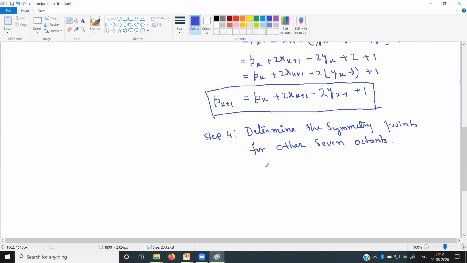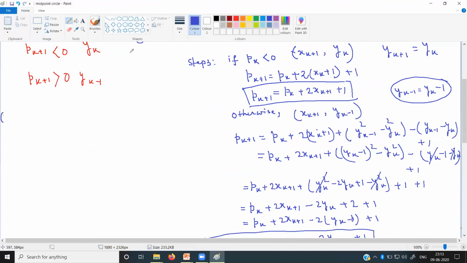As I discussed earlier, suppose we have xk plus 1 and y of k plus 1. Again, I'm telling you once more, this y of k plus 1 is not the y value plus 1. Y of k plus 1 means the y value at the k plus 1th iteration. It may be yk or it may be yk minus 1. So we will compute the points on the perimeter of the circle. These points belong to octant 1.